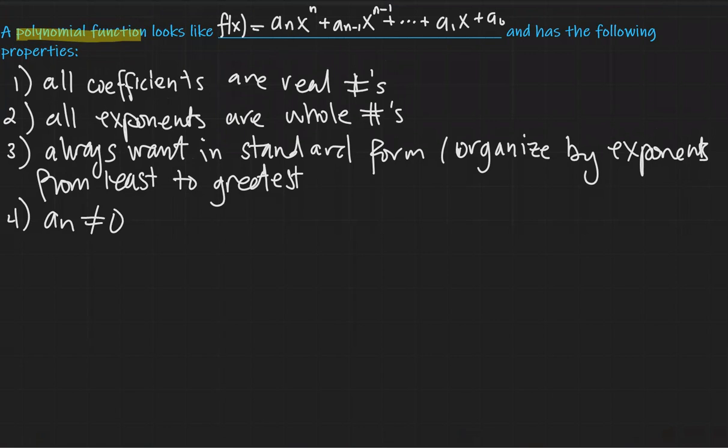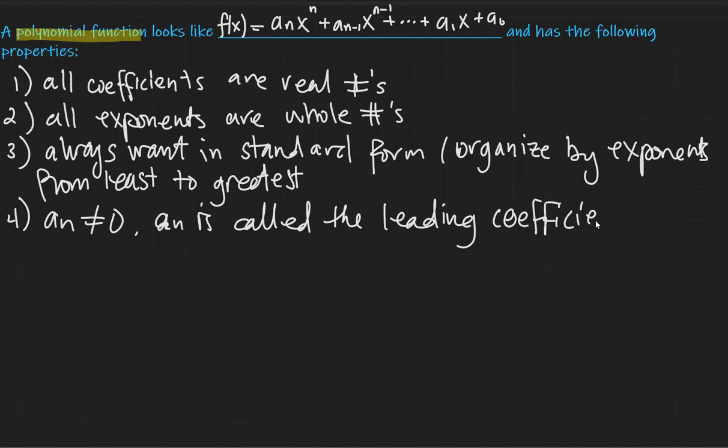The other ones are okay. It's okay if the other ones are 0. But a sub n particularly should not be 0 because otherwise we don't have that specific polynomial. And a sub n is called the leading coefficient.